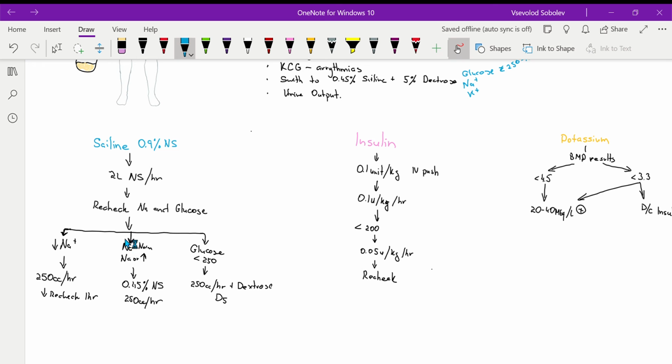Also, if the sodium is normal or higher than what we need, we will switch them to half normal saline, 0.4 normal saline. And if we have too little glucose, we will change it to maybe 250 cc's of normal saline or half normal saline, and add some dextrose into it.